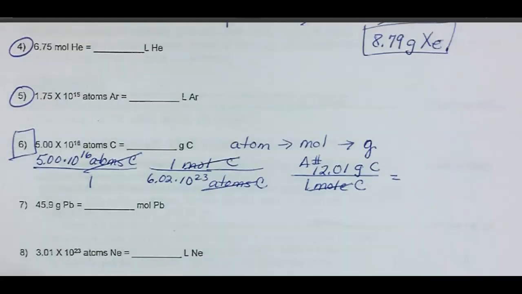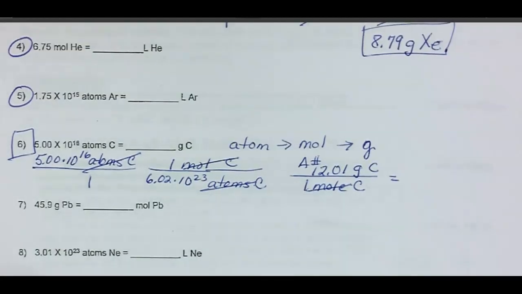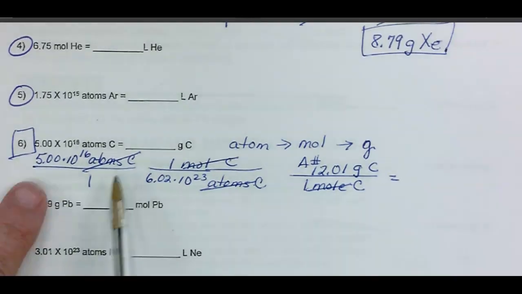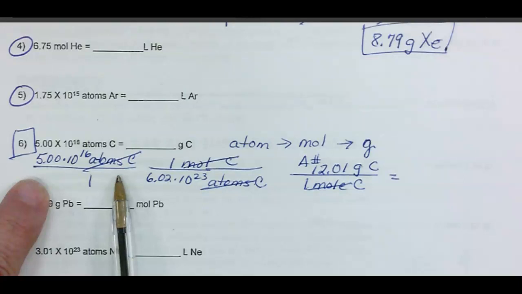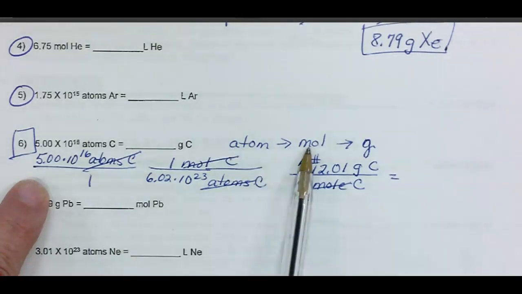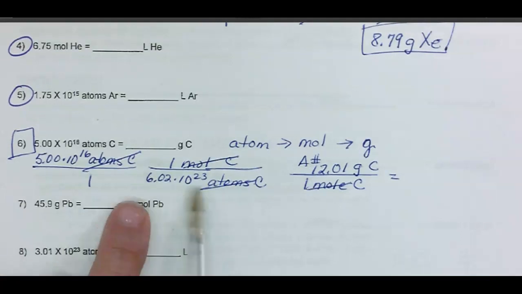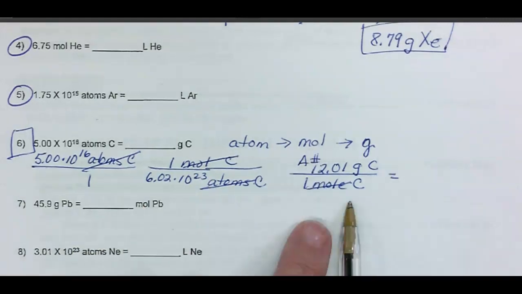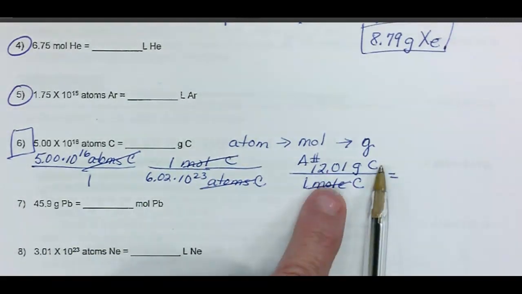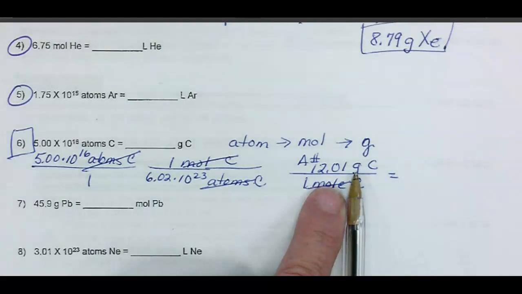I'm going to help you out just a little bit on 6, but hopefully you try to do it on your own. We're starting off with atoms. I told you we were going to go to moles. To do that, we use Avogadro's number: 6.02 times 10 to the 23 atoms to moles. And then we needed to go from moles to grams. To do that, we use our periodic table and find our conversion factor.